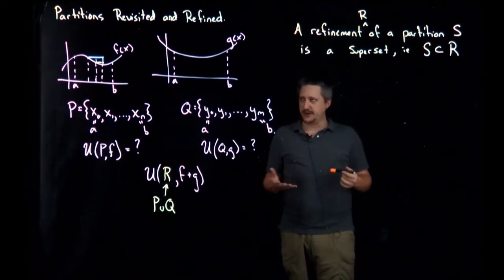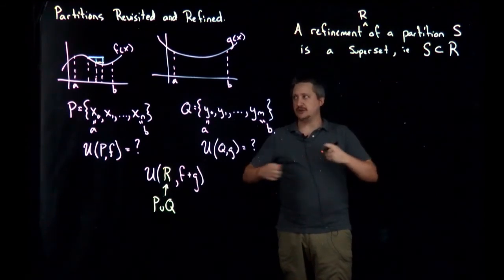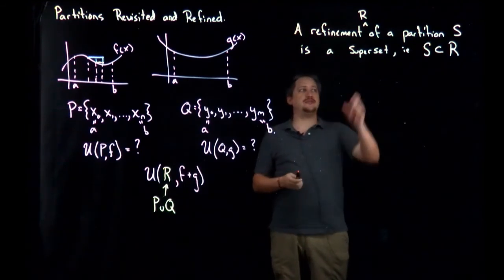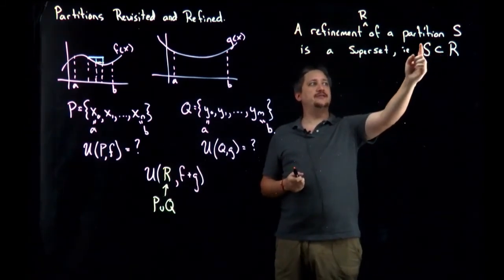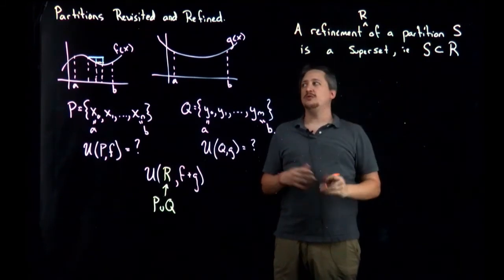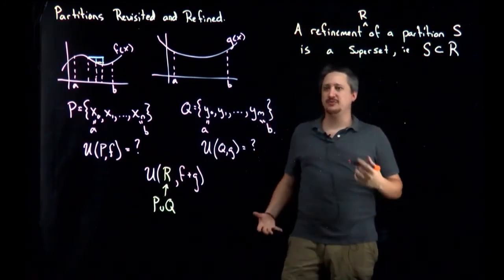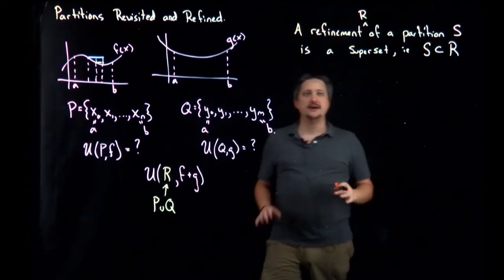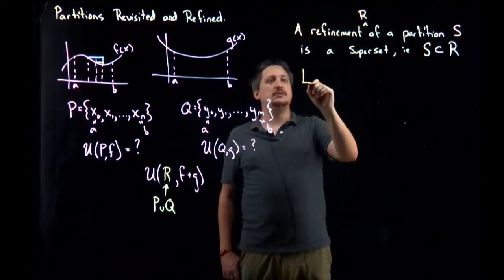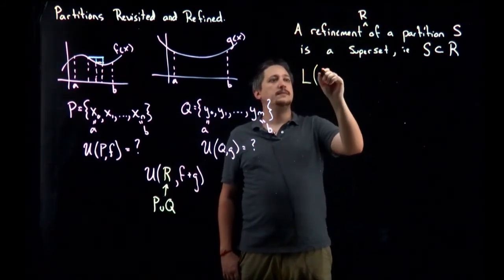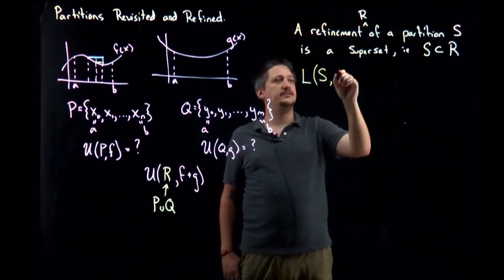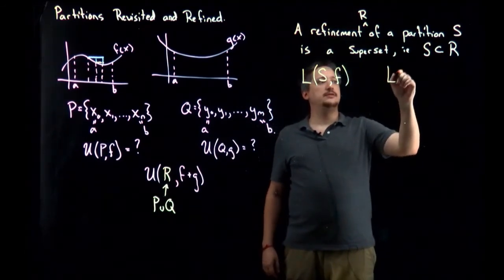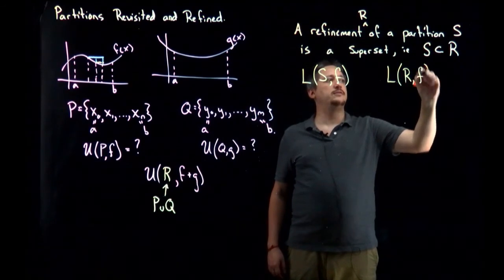So last but not least, I want to formalize the statement I was making earlier, which is that a refinement R of some set S, the set that has everything in the original set plus more, will always have a quote unquote better approximation. So what does that mean? Well, this means that if you have some, let's say, lower approximation of f with this S, what does it mean to have a better approximation than S when I'm using R of f?